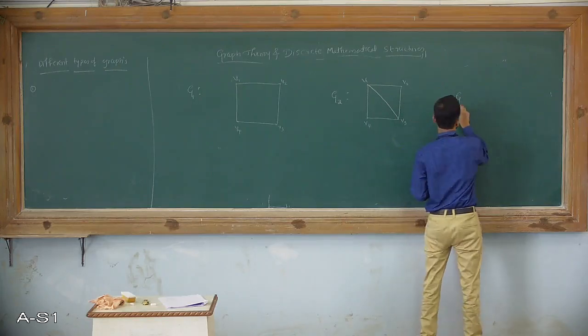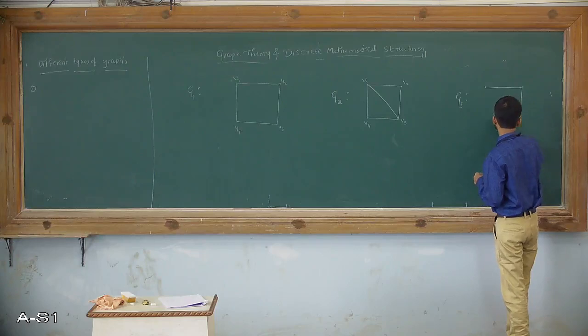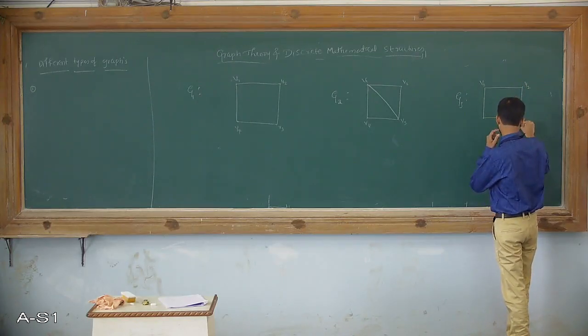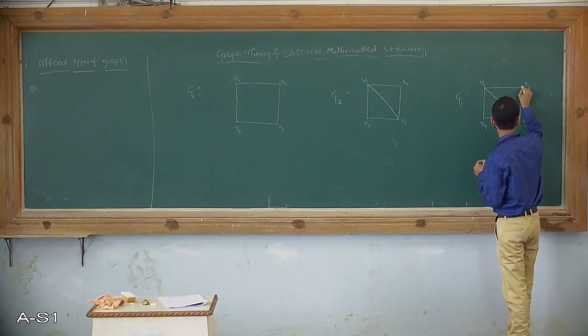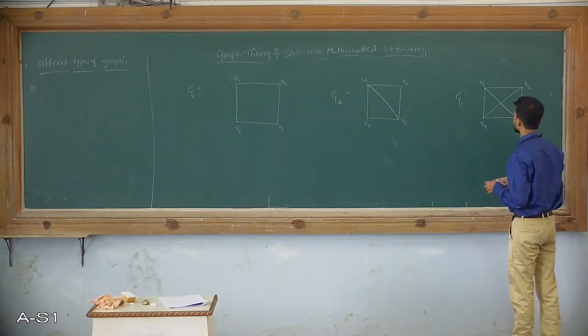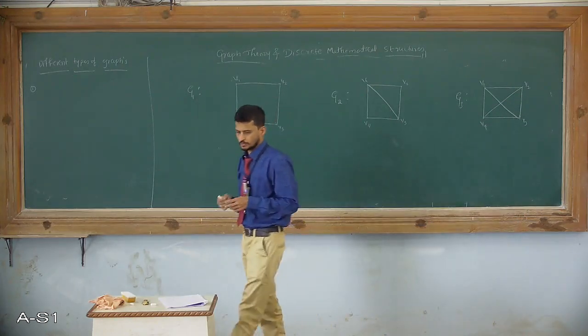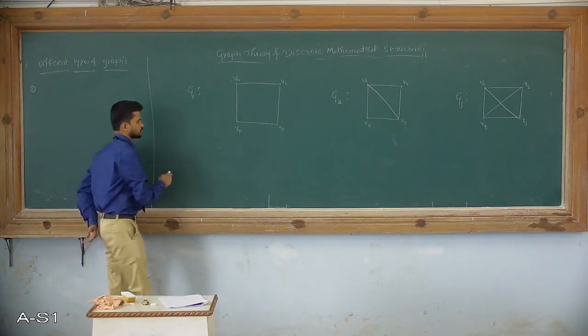I will consider one more graph, G3, again with the same set of vertices, because it is very easy to understand. So I will join V1, V2, V2, V1, V3 and V4, V3. If you observe the graphs G1, G2, G3, there is no edge in some of them.